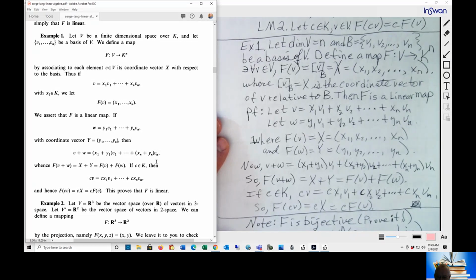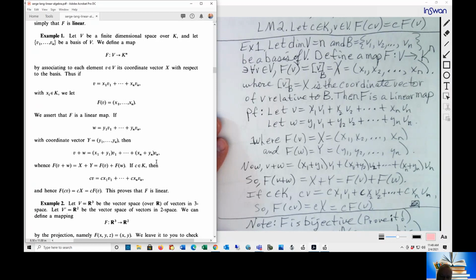Define a mapping F going from V into Kn in the following way, such that for every vector v in V, F maps v to its coordinate vector x in Kn, where the notation bracket v sub B equals x is the coordinate vector of v relative to the basis B. Remember, we defined coordinate vector earlier.